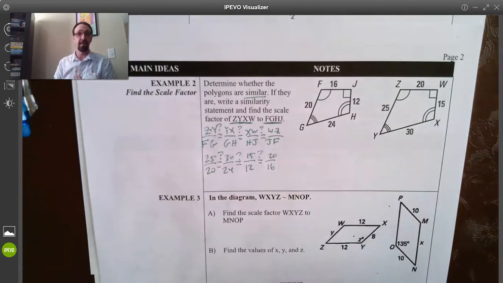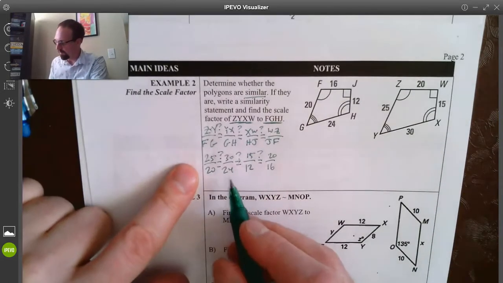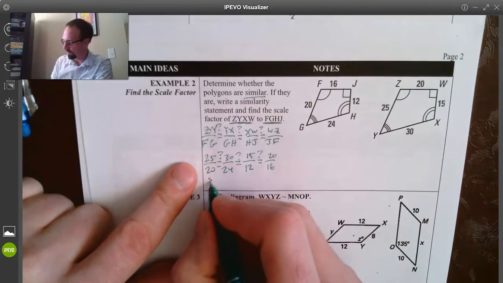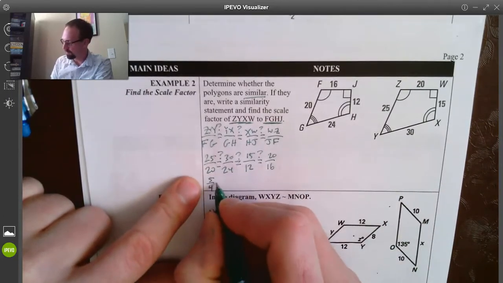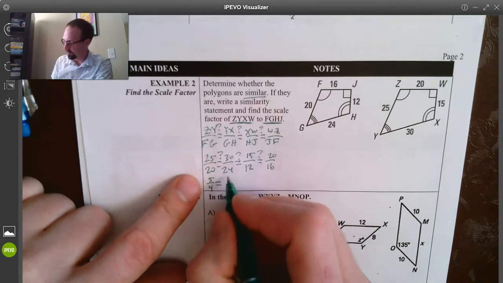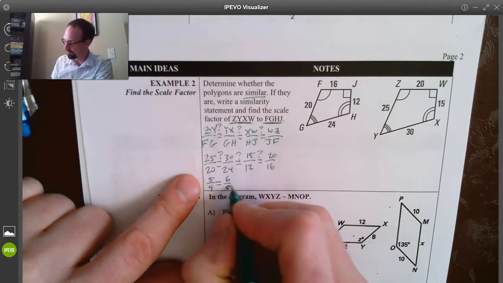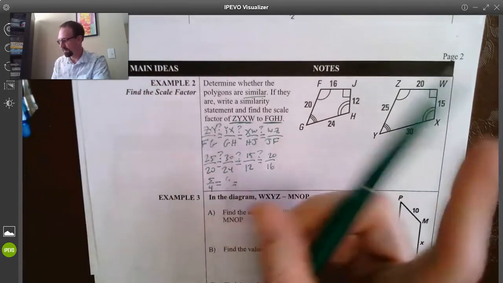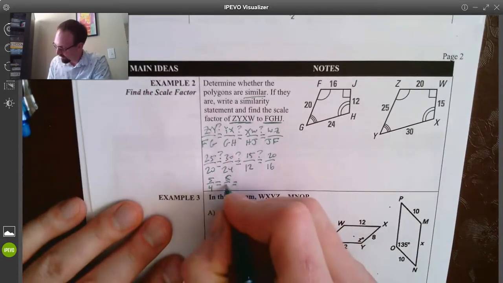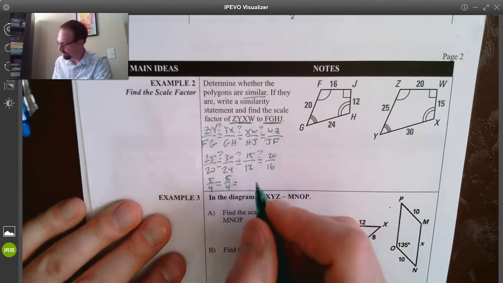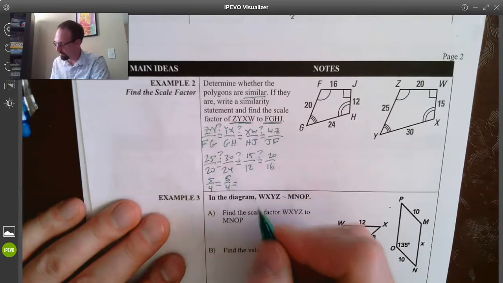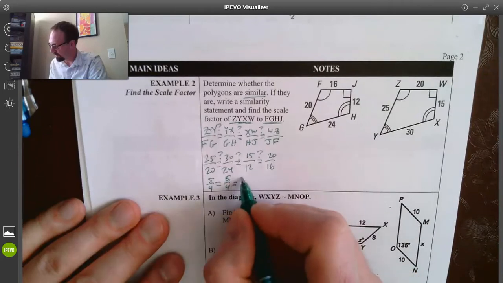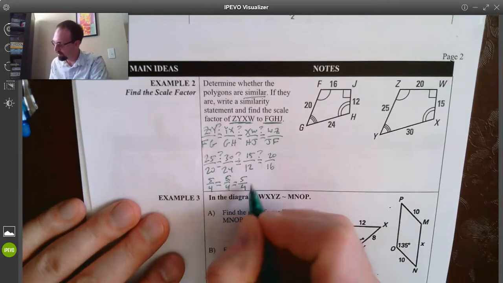All right, so I'm going to see if all of these reduce down to be the same thing. 25 to 20, 5 goes into both, so that'll reduce down to 5/4. 6 goes into both, that's also 5/4. 6 goes into both, 5/4. 3 goes into both of those, 5/4.